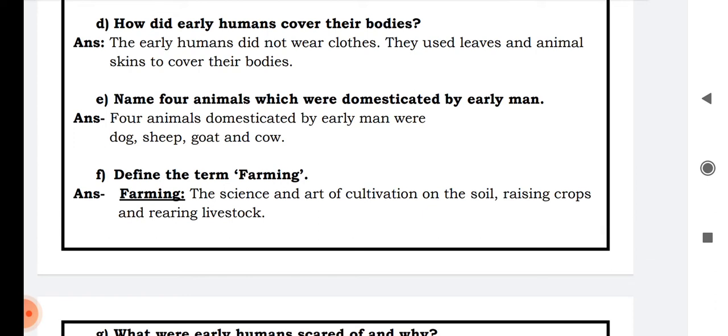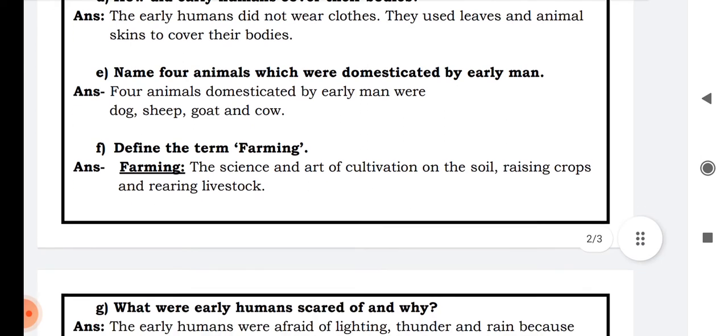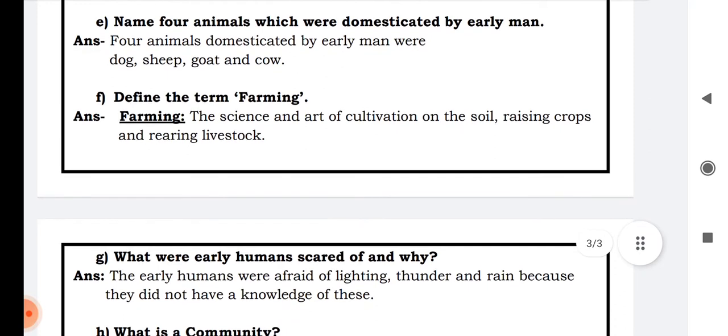D. How did early humans cover their bodies? Answer. The early humans did not wear clothes. They used leaves and animal skins to cover their bodies. Okay. Now E. Name 4 animals which were domesticated by early man.